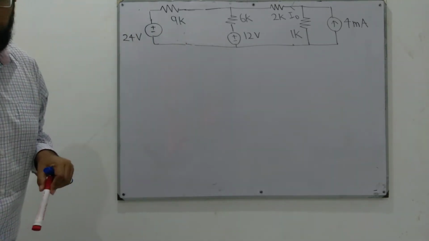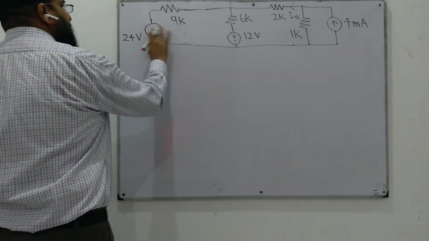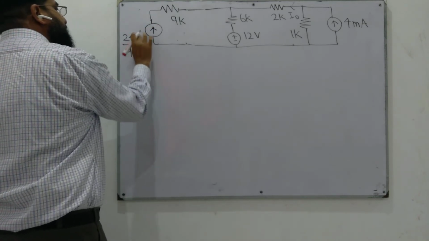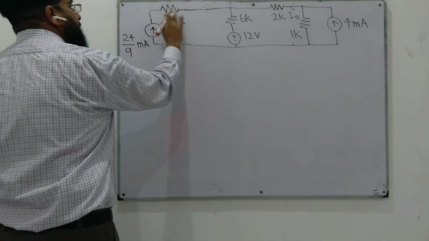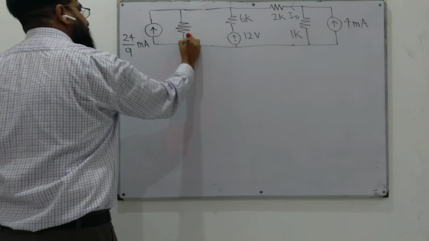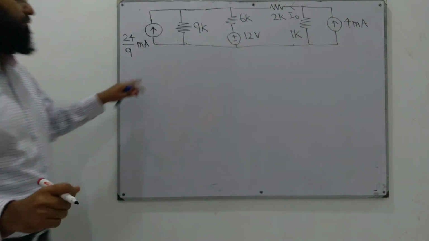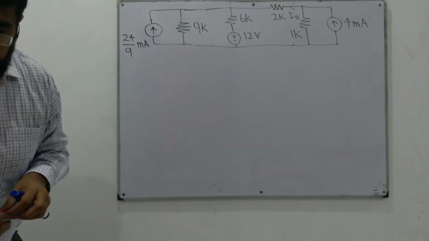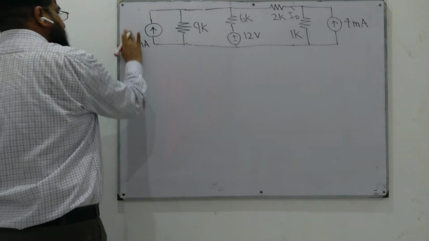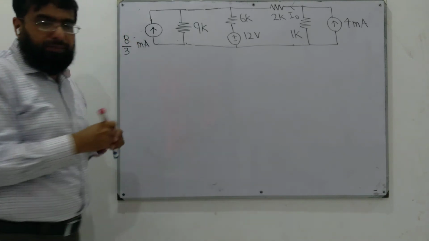It can be replaced with a Norton's equivalent, with a current source having value 24 over 9 milliampere, and this 9K resistor will be in parallel. 24 over 9 can further be replaced with 8 over 3 milliamperes.